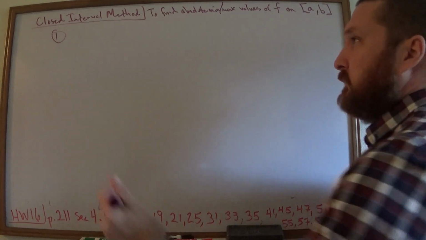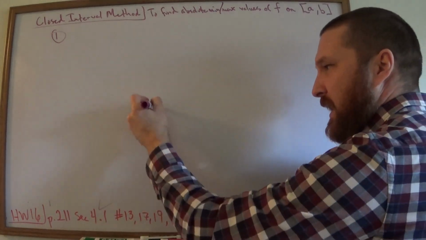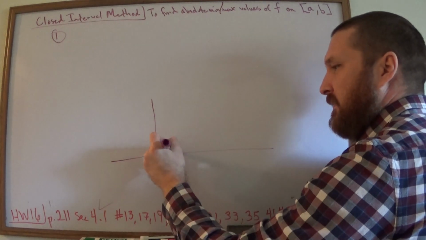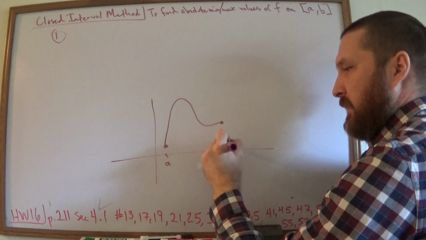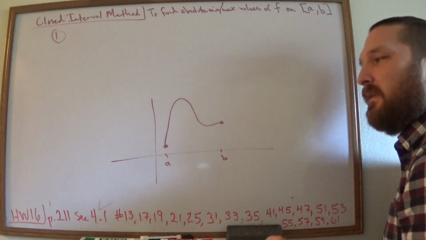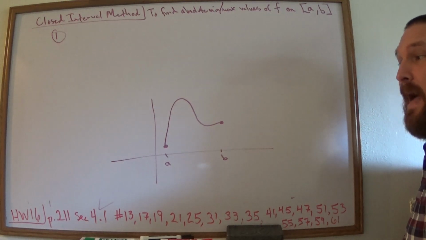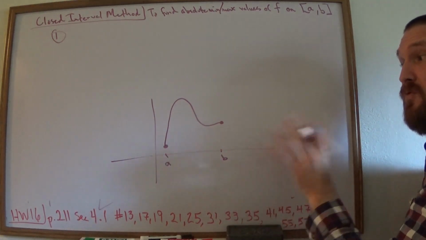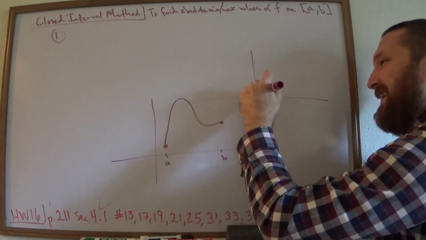Step 1. Remember the extreme value theorem: you have something on some closed interval a to b. And remember, like the very first thing I said, it might be one of the endpoints. The minimum value or the maximum value may have occurred at one of the endpoints. That's certainly going to happen if you have a line.